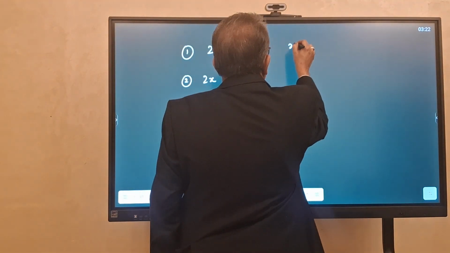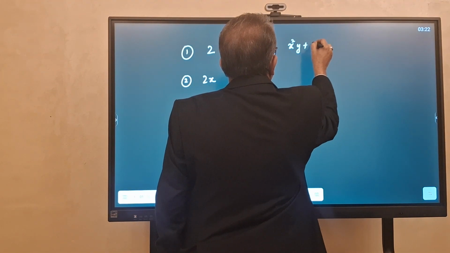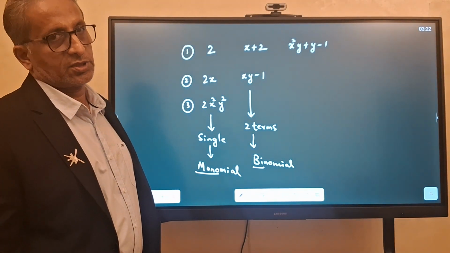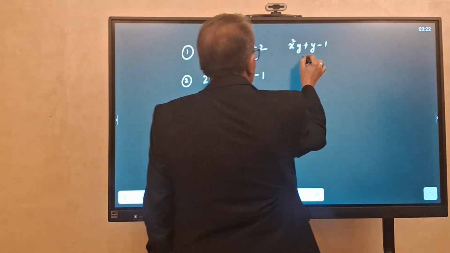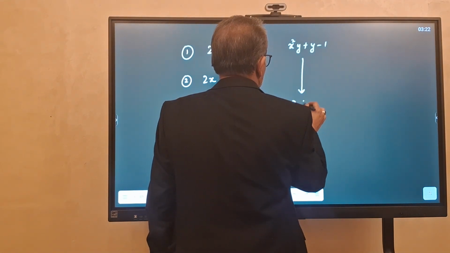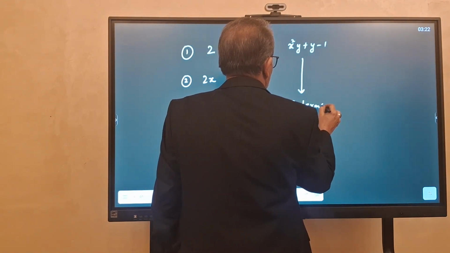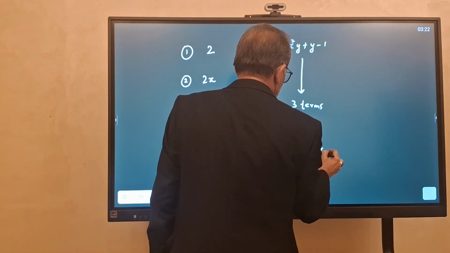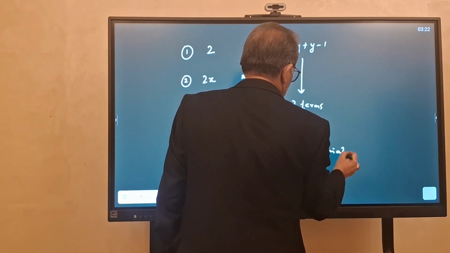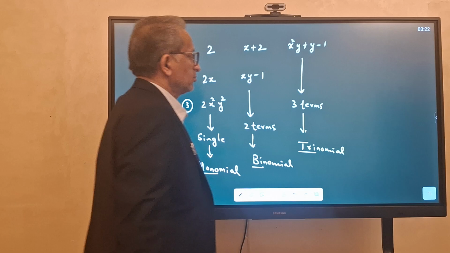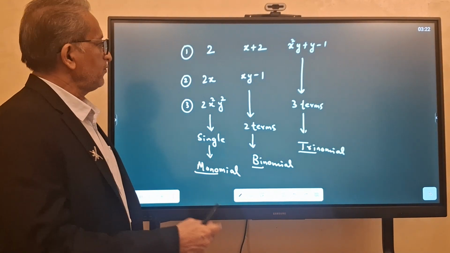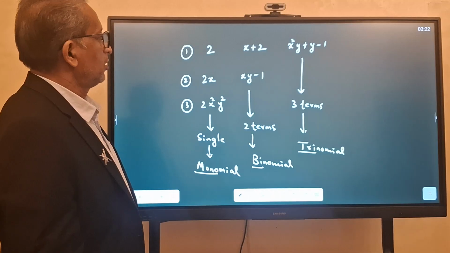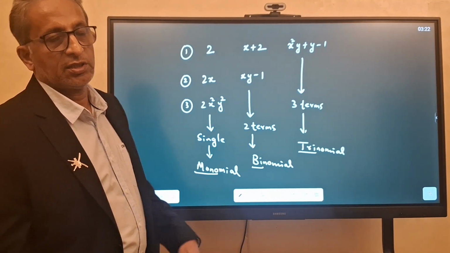Then we have another polynomial with three terms. This is called a trinomial. Tri is 3. And when we have more than three terms, then it is called a polynomial.